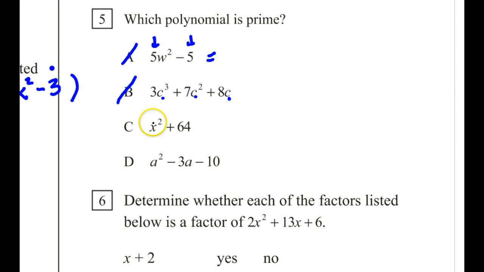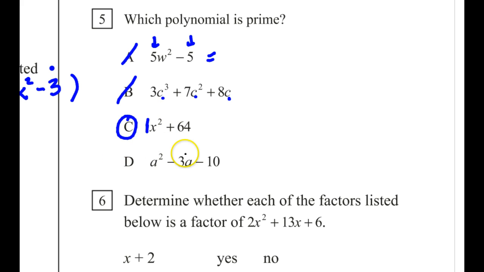C, that's a 1 squared and that's an 8 squared, so can we factor this? No, because it's addition. It's not a difference. It's a sum of squares instead of a difference of squares. So that is prime. You can't factor it.